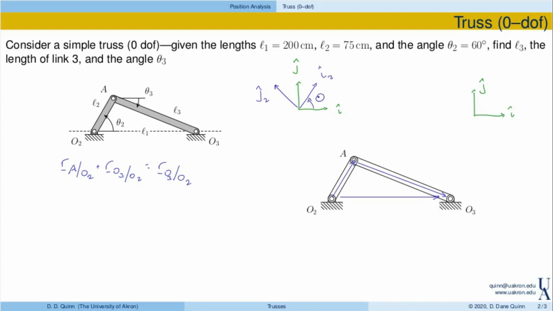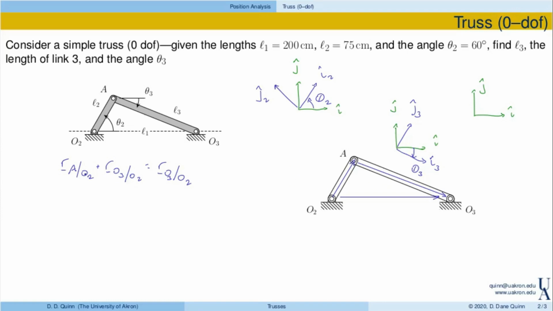We'll define the inclination as theta 2. Then, looking at this third link, again we have I and J for reference. This third link we will define with the angle theta 3. This is the I3 direction, and then, of course, J3 is perpendicular to that.